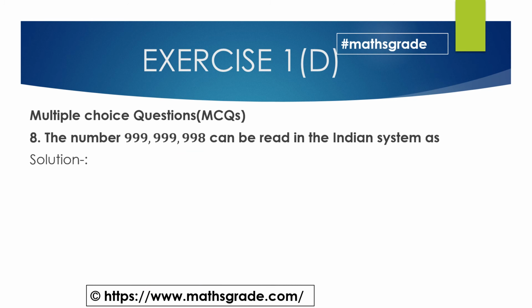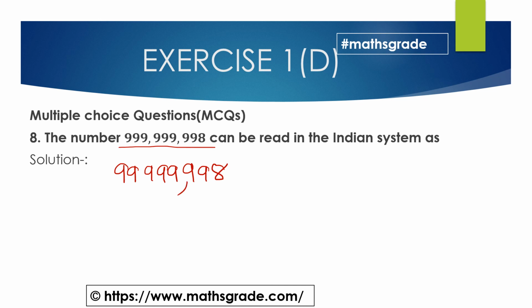Now we solve question number 8. The number 999,999,998 can be read in the Indian system as? This is given in the international system of numeration, as there are 3 digits within each comma. So we have to write this first in the Indian system. 998, 1 2 3 4 5 6.